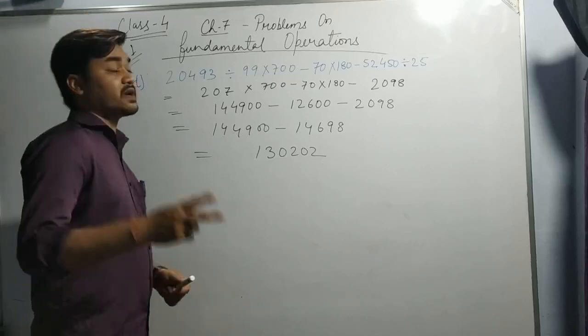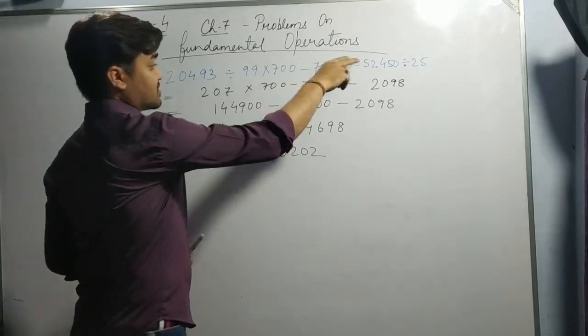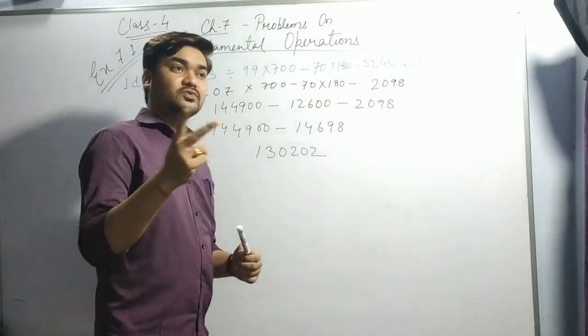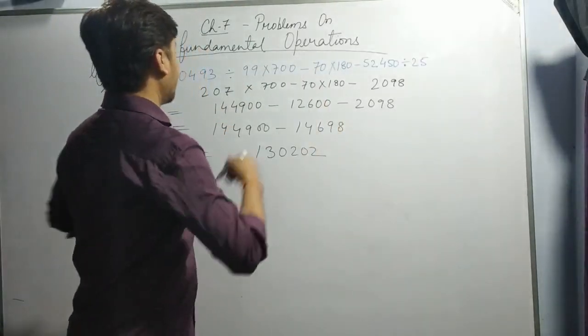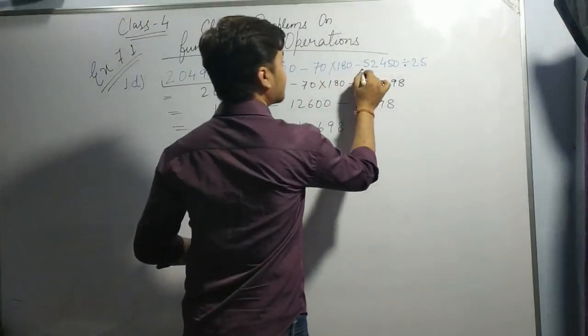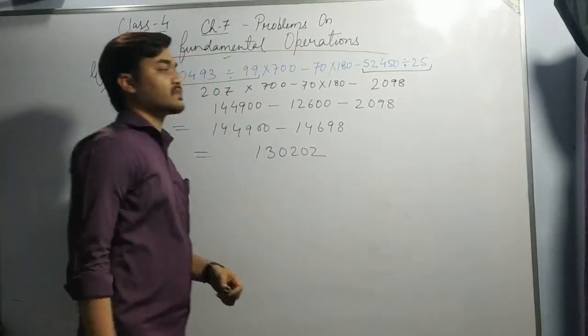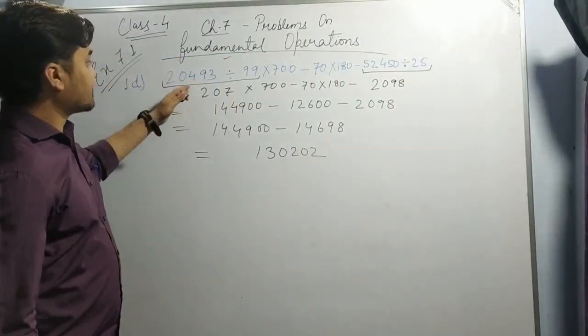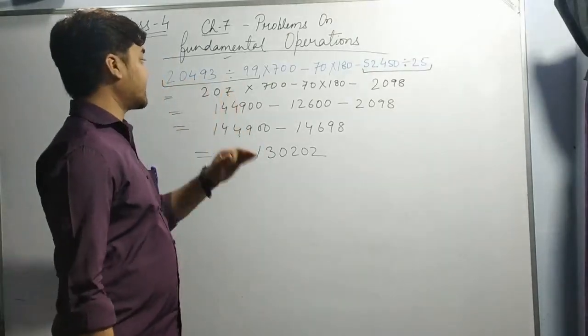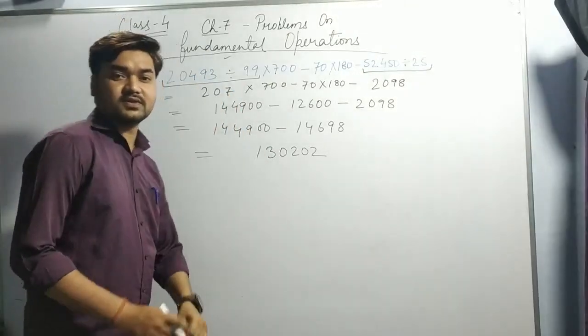There are two places where division signs are there. Between two numbers, a division sign is there. One is here and one is here. When we divide 20493 by 99, we will get 207.